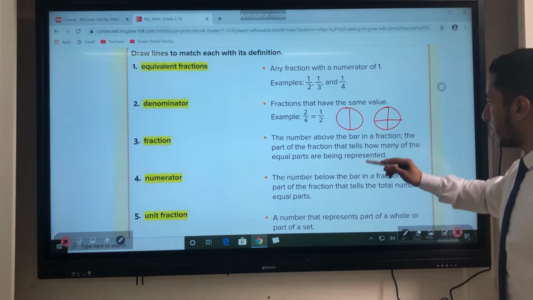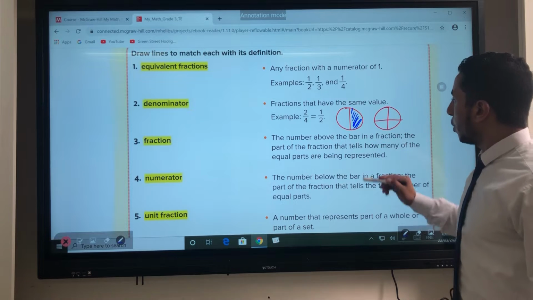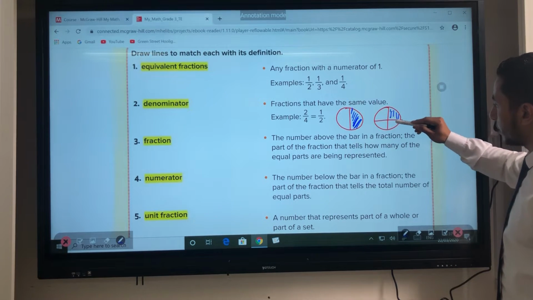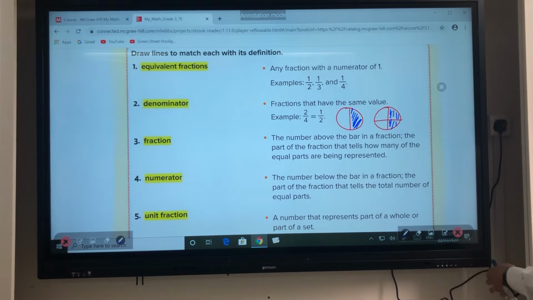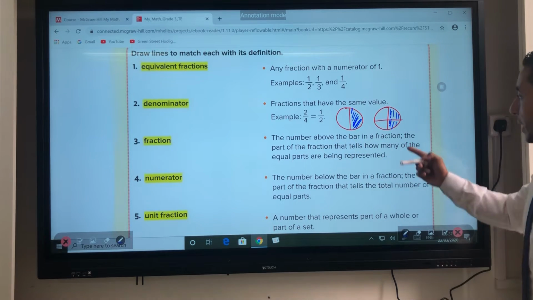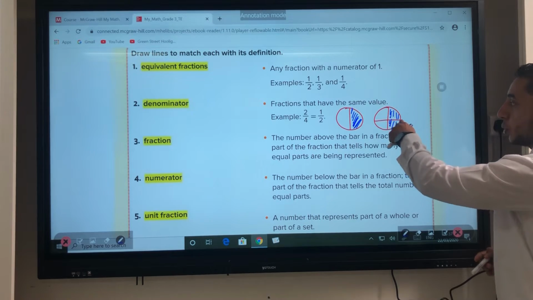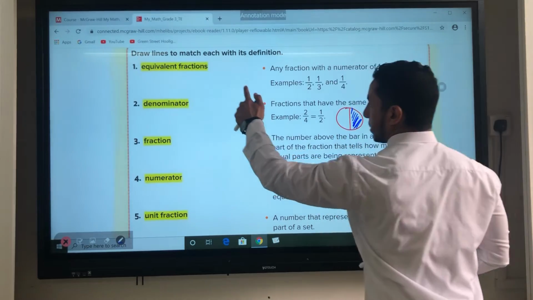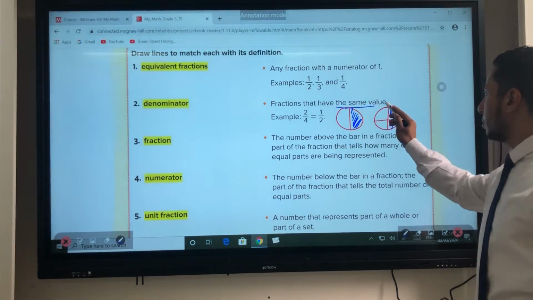I will color 1 part from 2 parts, and here I will color 2 parts. The same amount. So this is 1/2, and the second one is 2 out of 4. So equivalent fractions are fractions that have the same value.